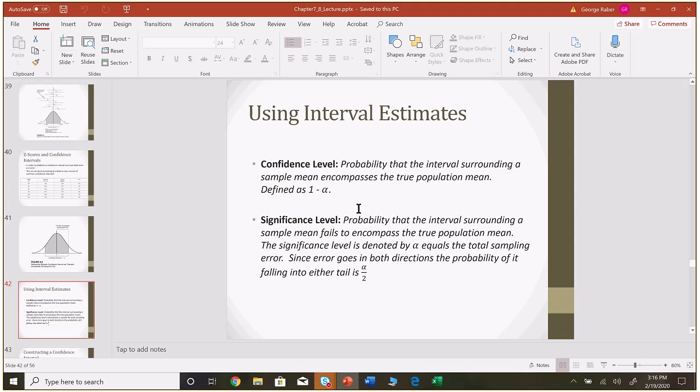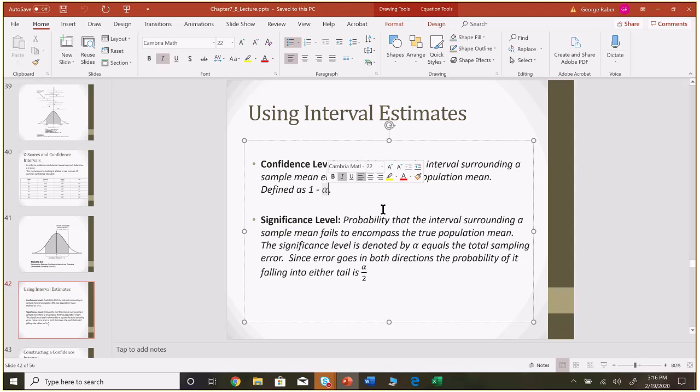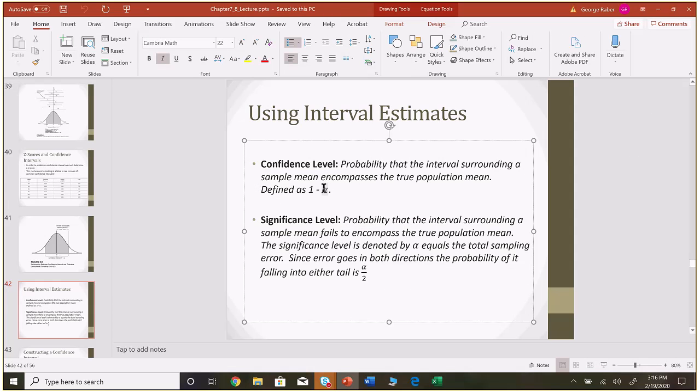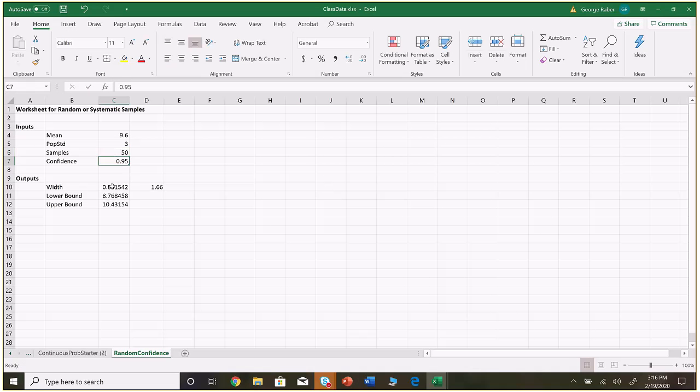So these are just definitions. We've covered these. The confidence level is the probability that the interval surrounding the sample mean encompasses the true population mean. It's defined as 1 minus alpha. So sometimes you're actually wanting, in fact, the way Excel requests it is in terms of alpha, not in terms of this. See, that's the reason why I had to do 1 minus C7.